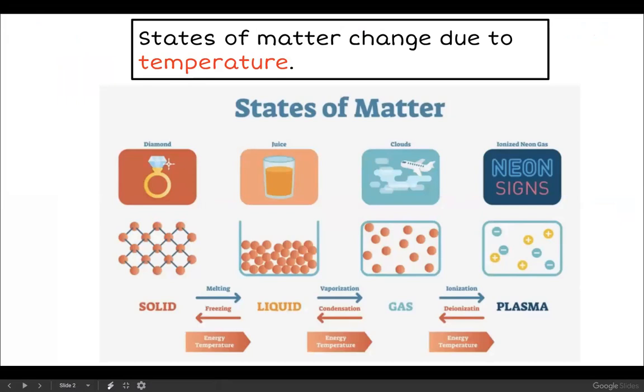Now, that's not a typical change of state. All things can change their state of matter from solid to liquid to gas, and sometimes even plasma, the fourth state of matter, by adding or taking away heat or increasing their temperature.